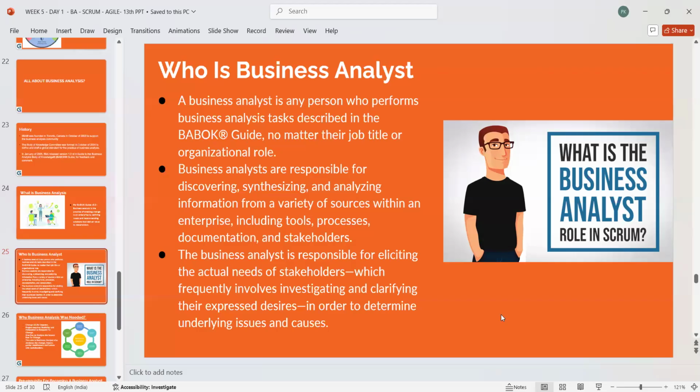For example, a tester or a fresher, or sometimes a project manager would also help a BA. A junior project manager who is trying to understand the work will also act as a BA. So it's not that only people named business analyst will work on this kind of activities.